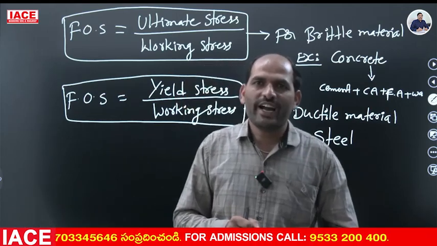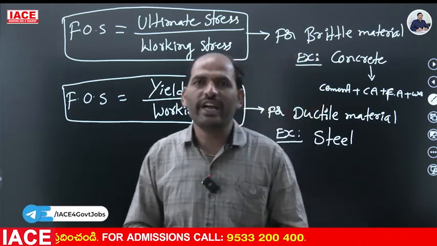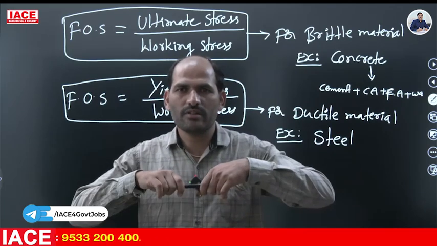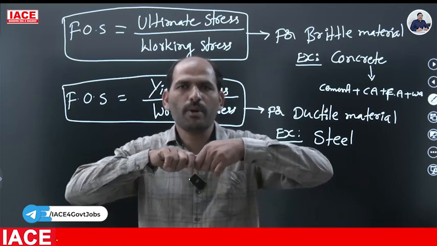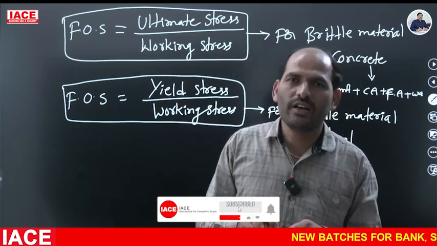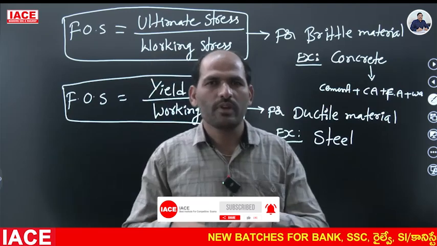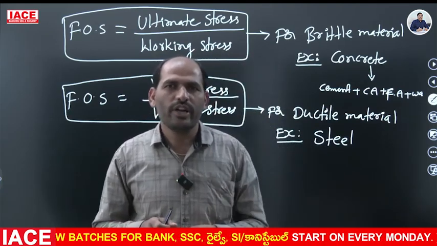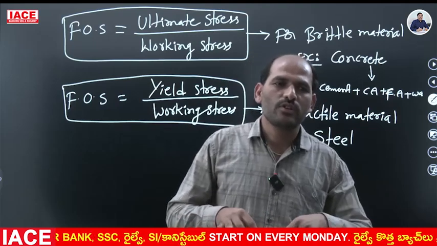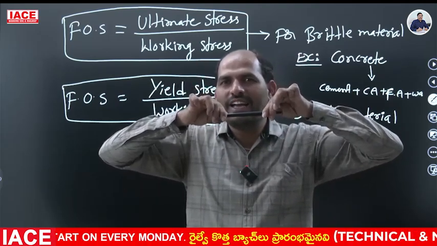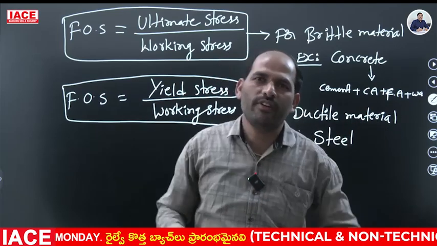And ductile material, for example reinforcement, that is iron bars, steel bars: if you apply the tension load on the reinforcement, it does not fail suddenly. If you apply the tension load on the reinforcement bars, it elongates, and finally it fails.